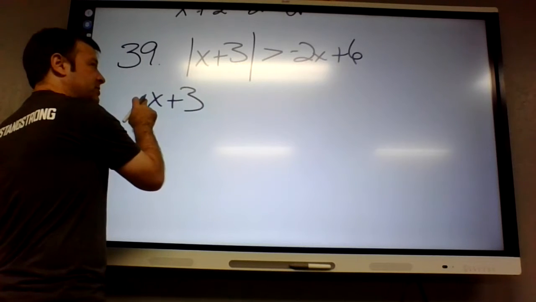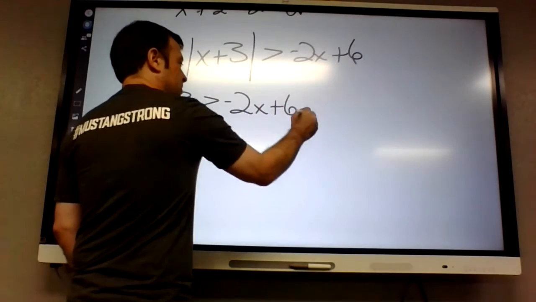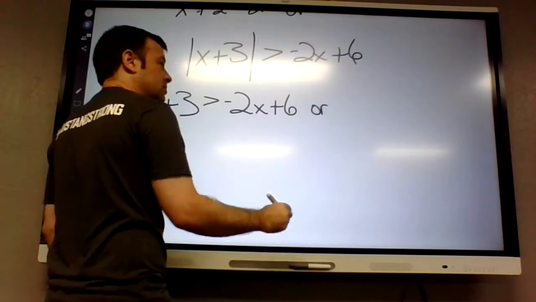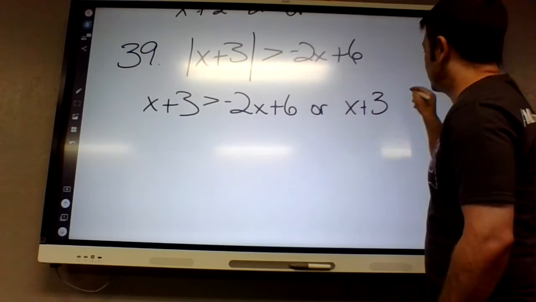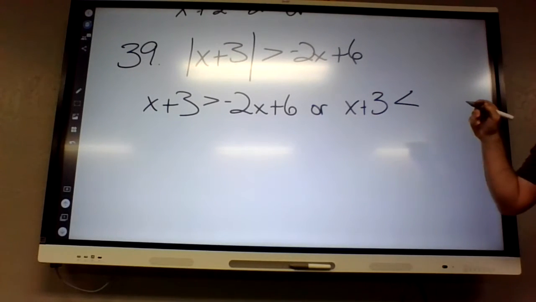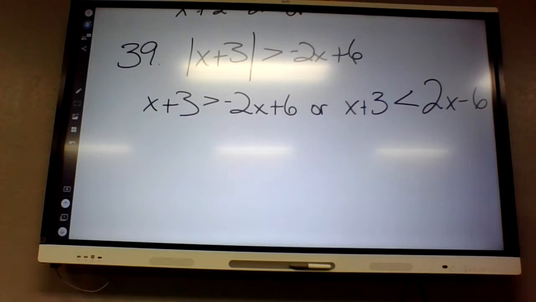So we got x plus 3 is greater than negative 2x plus 6, or, positive, x plus 3 is less than, what do you guys think? 2x minus 6. Good. You just switch both the signs, because we're supposed to make the right side negative when we do that. So we just switch both. Negative 2 became positive 2, negative 6.